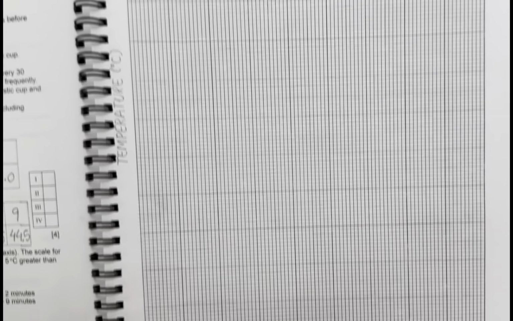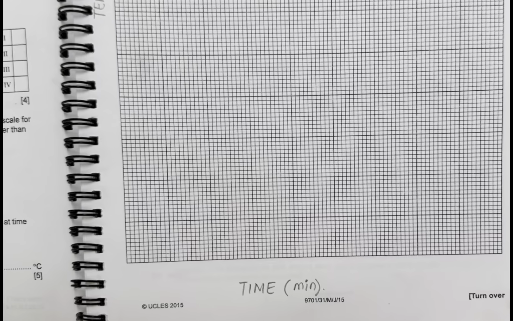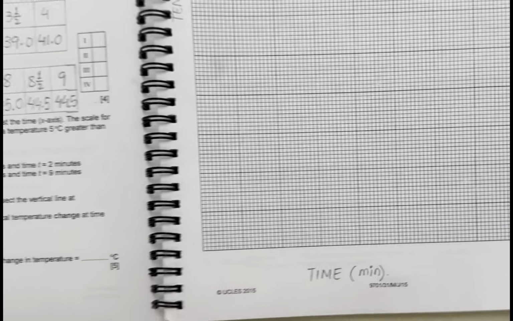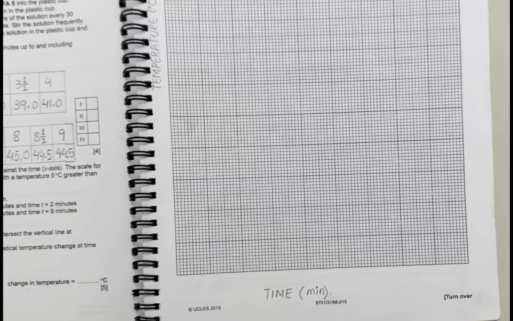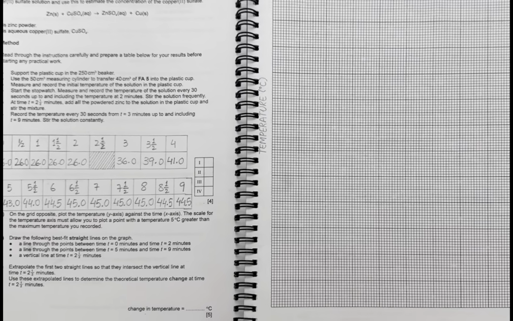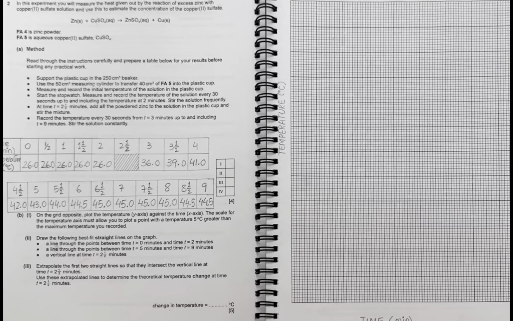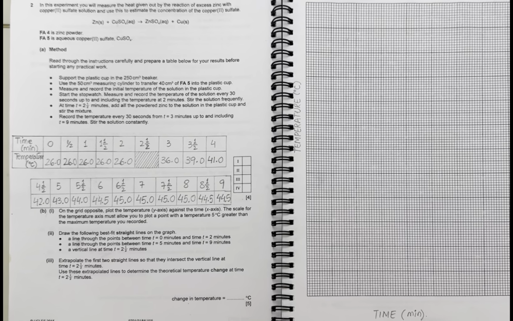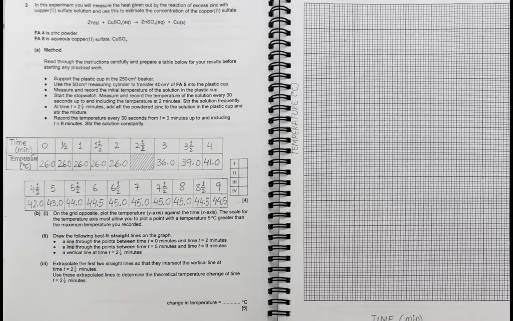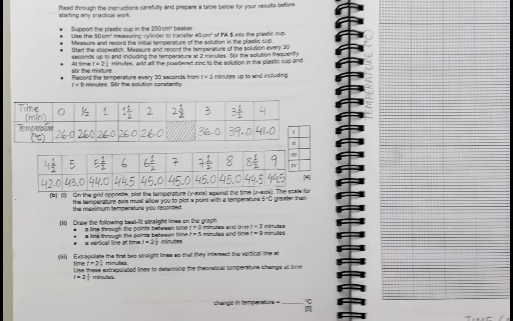In order to select the scale, we need to be very careful about these graph questions because they penalize if you select such a small scale that will cover only half or less than half of your graph paper. Therefore, we need to scatter our values as much as we can.